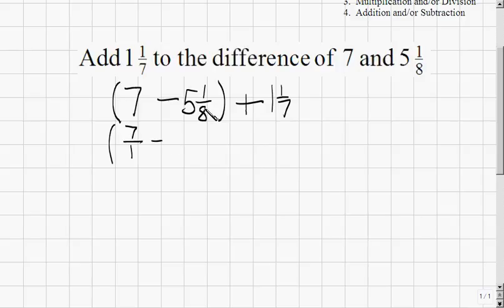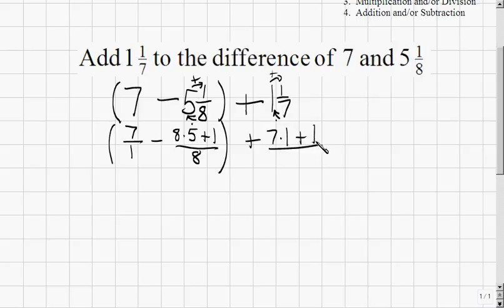Minus, to convert 5 and 1/8 to an improper fraction, we'll first multiply 8 times 5 and then add 1, and write that over 8. So 8 times 5 plus 1 over 8. Similarly, plus 1 and 1/7, we'll multiply 7 times 1 and then add 1, over the denominator of 7.